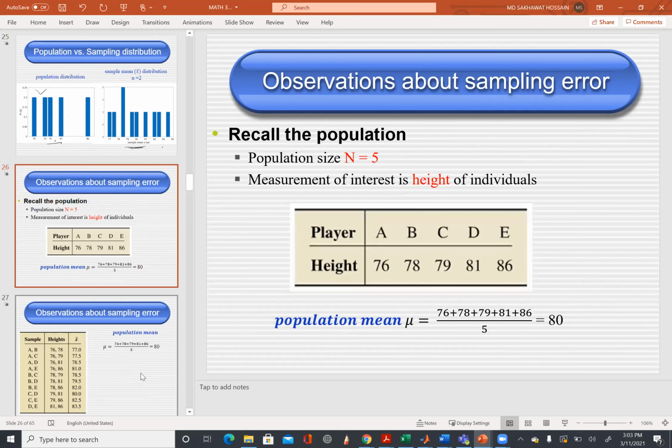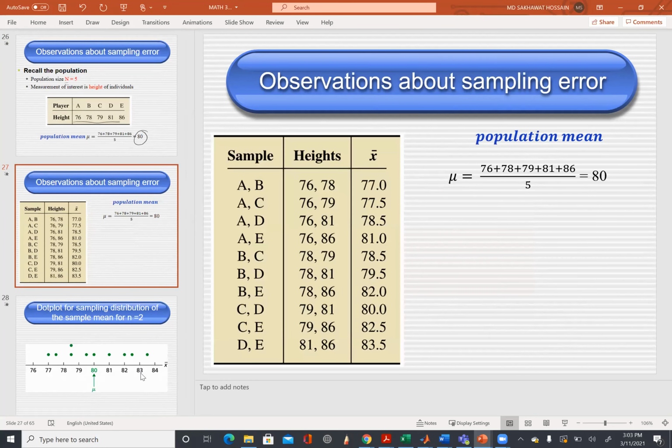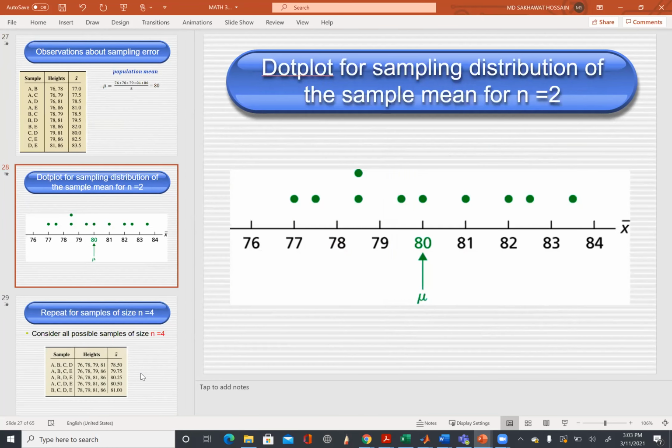Now we'll calculate the sampling error. We have the population, and if you calculate the population mean, the mean of the total population is 80. You can also calculate the population mean from the sampling distribution, and it is 80.